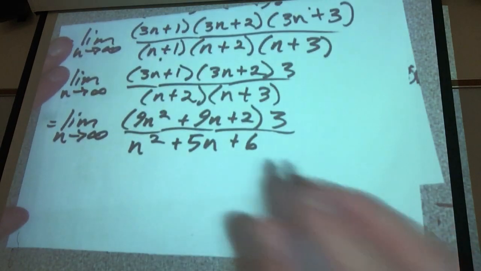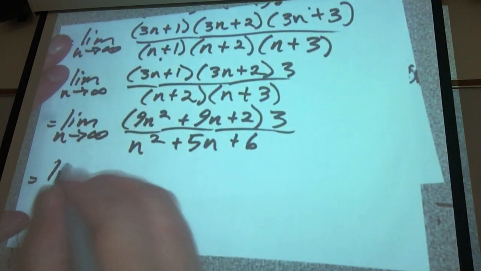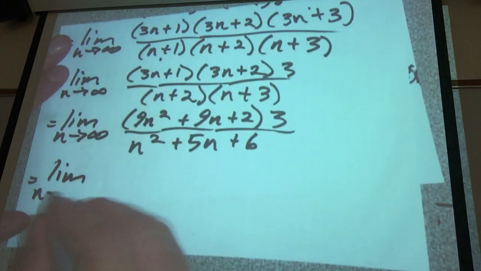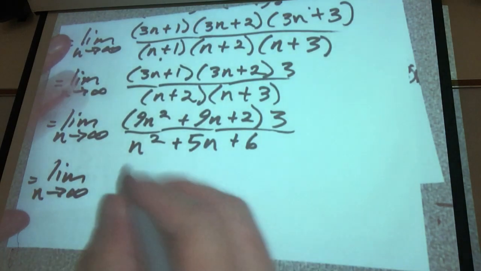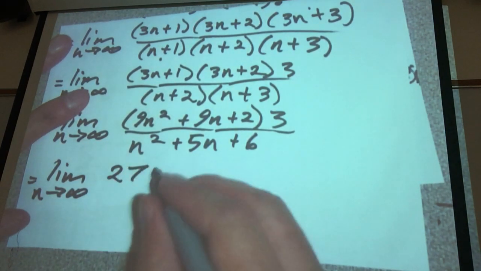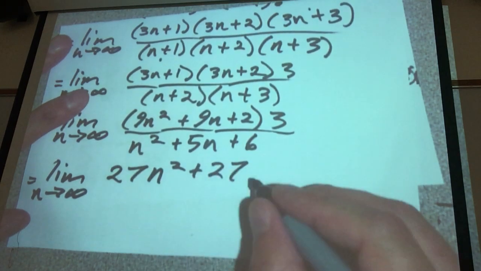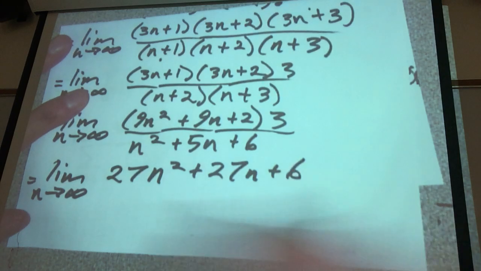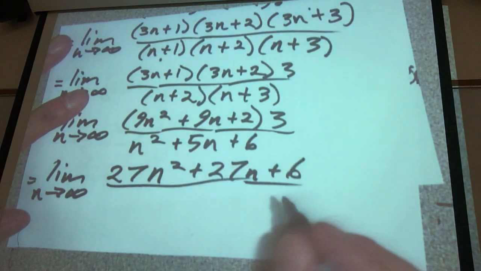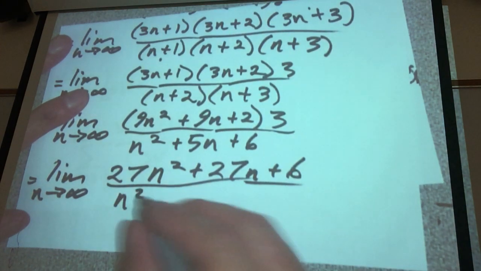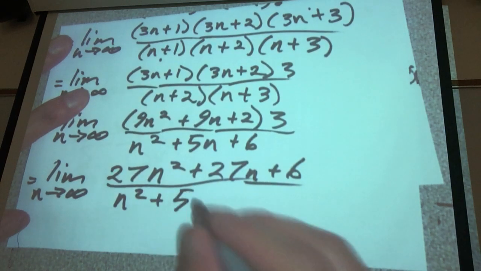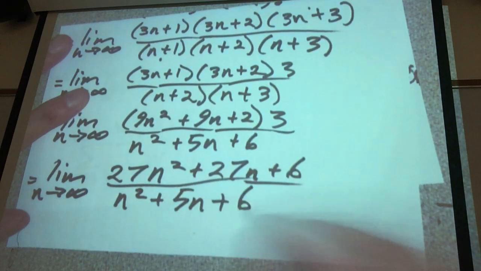All right, and now that would become the limit as n tends towards infinity of 27n squared plus 27n plus 6 divided by n squared plus 5n plus 6.